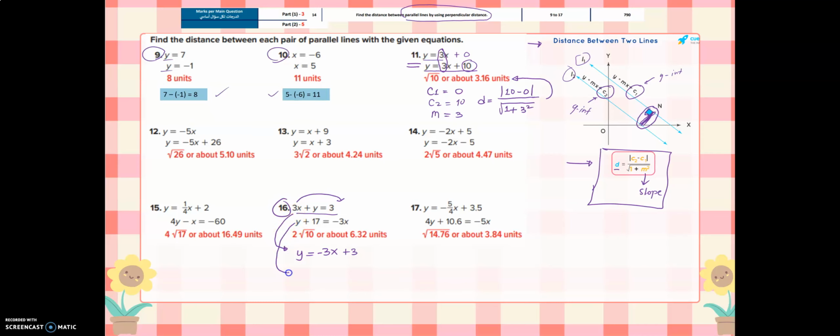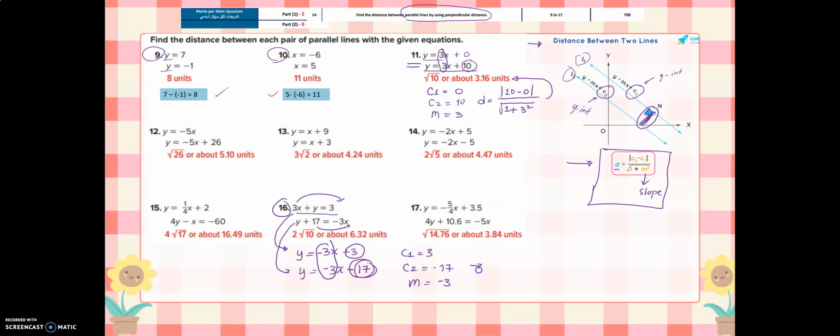And the next equation would be y is equal to, this is transpose method, so positive 17 becomes negative, okay? Negative 3x minus 17. So we can see that our C1 is equal to 3, and then our C2 is negative 17. Okay, negative 17. And then our m is both the same. This is negative 3.